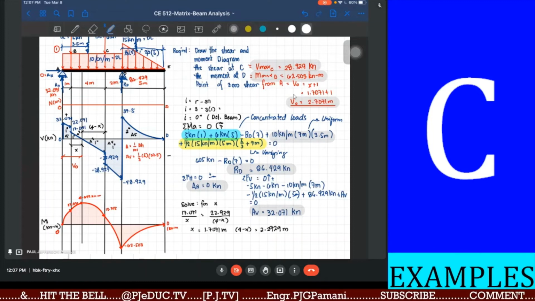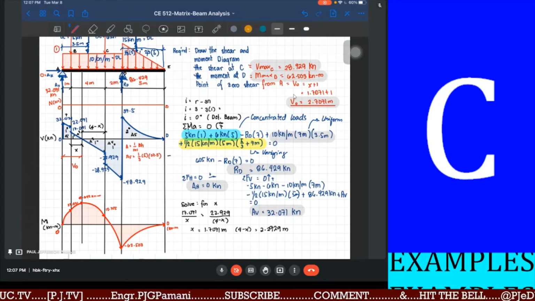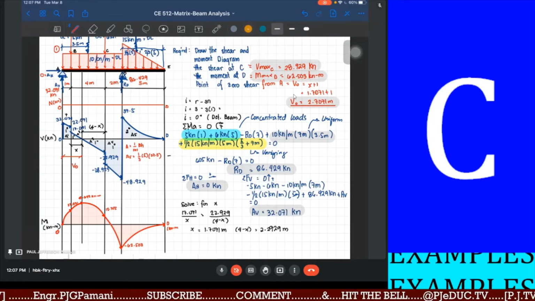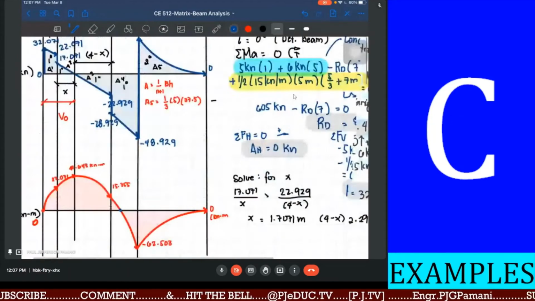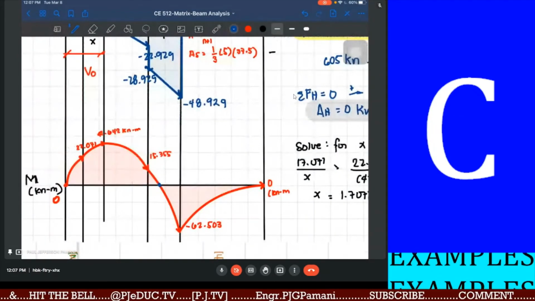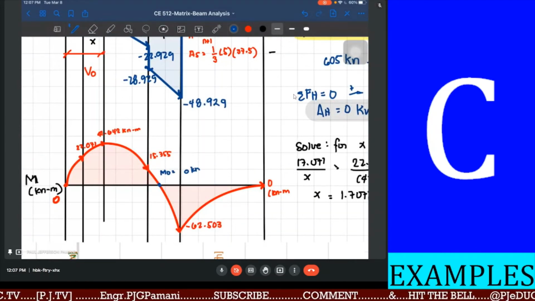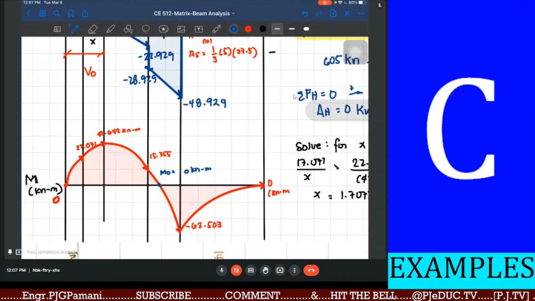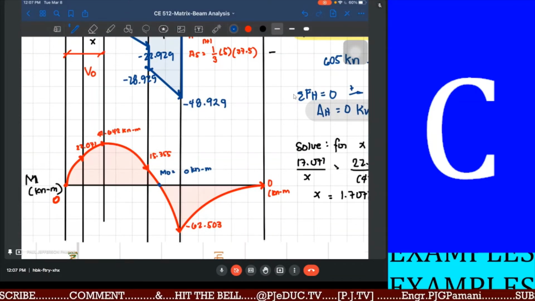Okay? And what if later on we will have another set of questions? The point of inflection. The point of inflection defines the point on our moment diagram where moment is equal now to 0. Not the end part, but along the span of the beam.